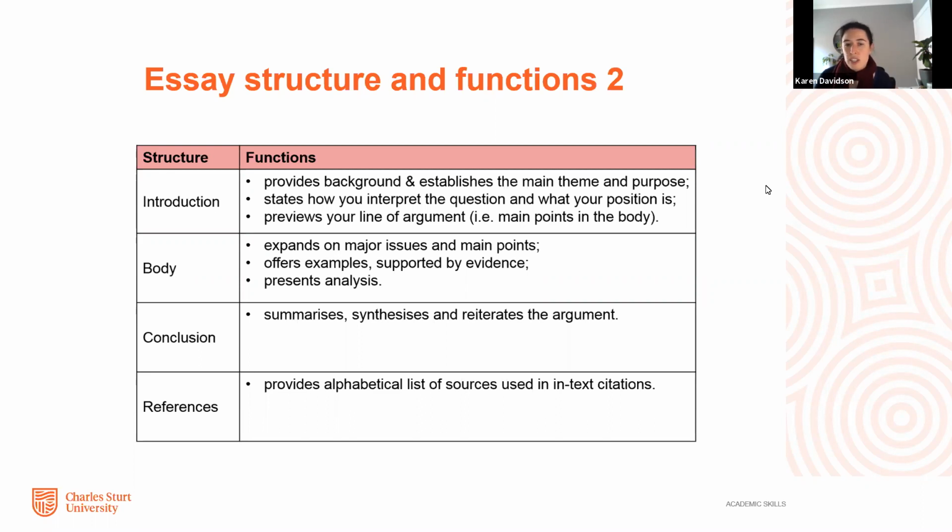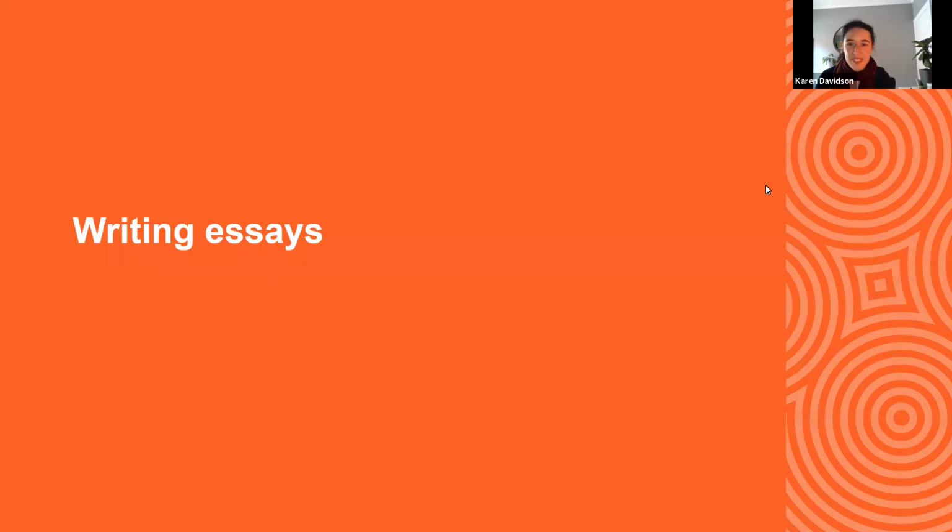And the body or the discussion paragraphs provide the evidence or analysis, both of which indicate to the reader how well you have answered the question. And the conclusion brings together your main points, showing how well each point helps to, as a whole, answer the assignment question. And then at the end, finally, the reference list indicates that you have demonstrated academic integrity in your work, and we know how important that is.